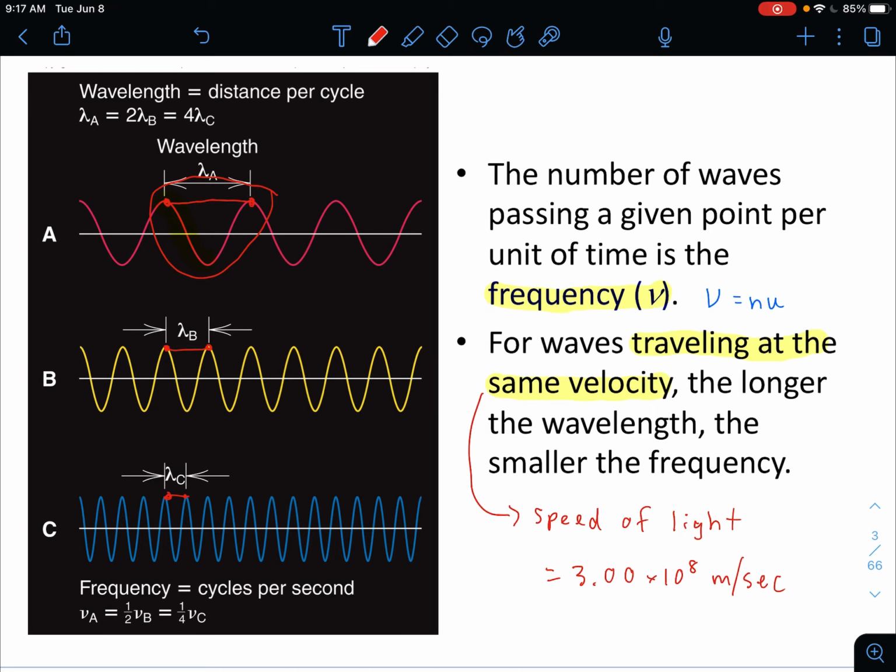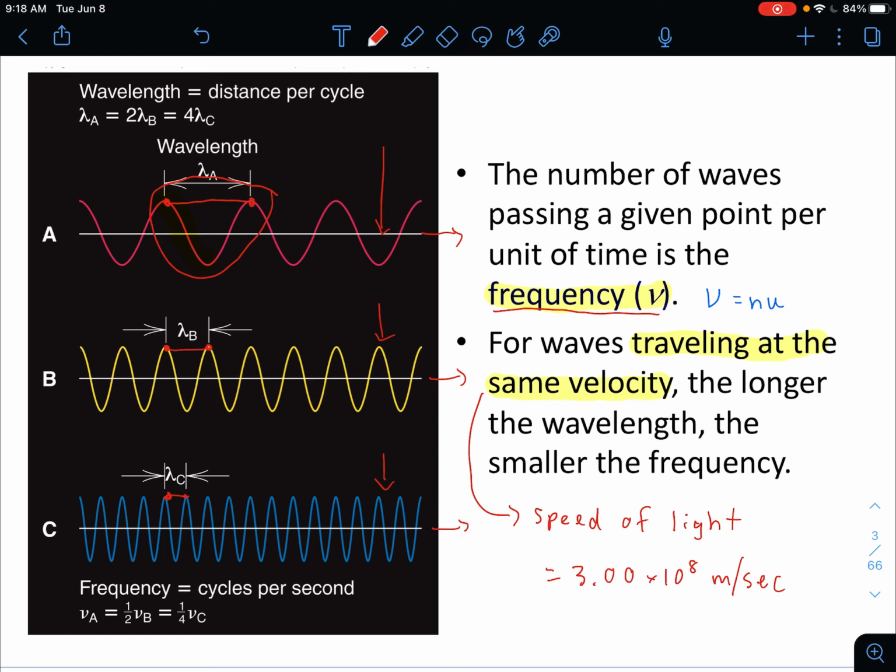So again, imagine that our waves are traveling in this direction, and we're just a stationary observer somewhere watching the waves go by. Let's say we're here. If all these 3 waves are traveling at the same speed, and I'm stationary watching the wave go by, when we talk about frequency, we're asking how many full cycles of the wave will I observe per second.